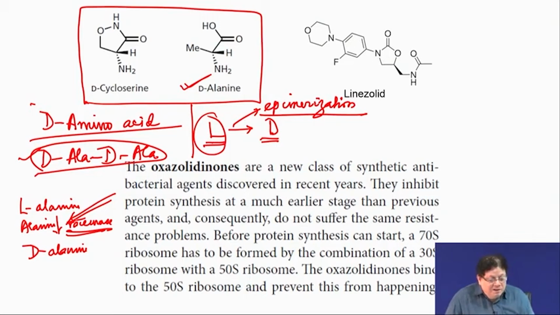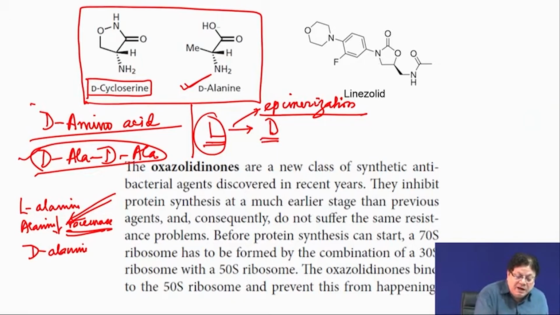Now, there is an inhibitor for alanine racemase, and that is called D-cycloserine. What is cycloserine? On this side I have written D-alanine. This is the structure of D-alanine.